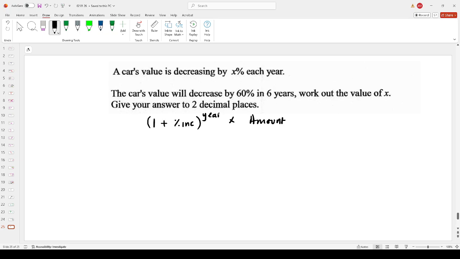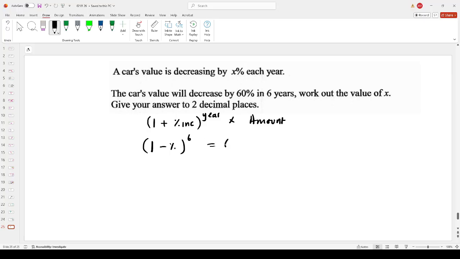Pretty much, yeah, I think you're right. Okay, so in this case it is a decrease. So what values am I working with? It's going to be 1 minus a percentage to the power of 6, right?